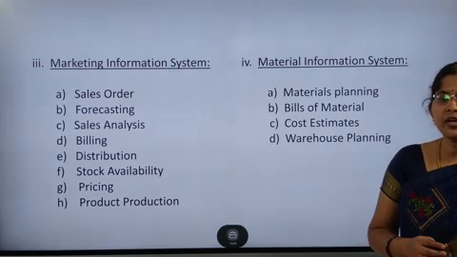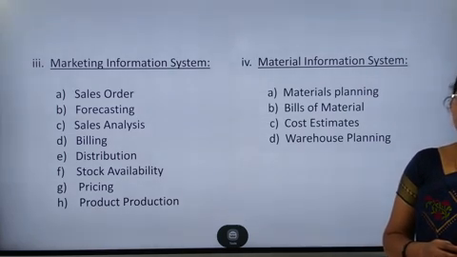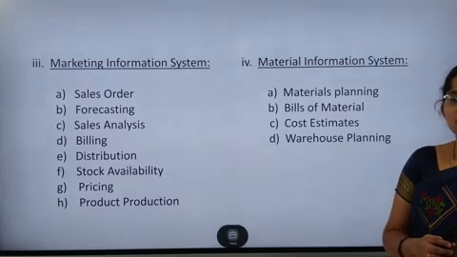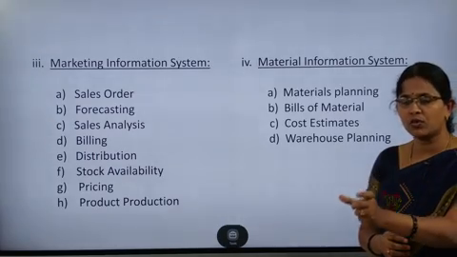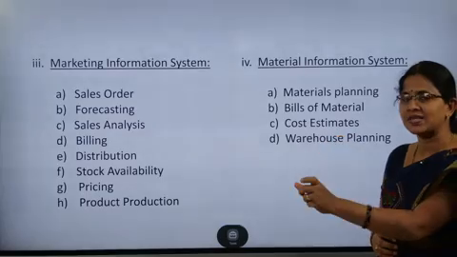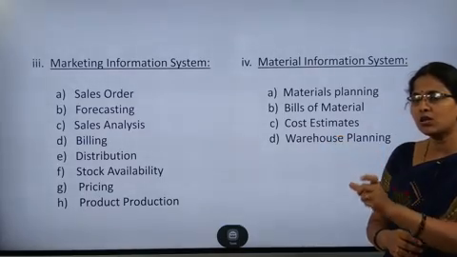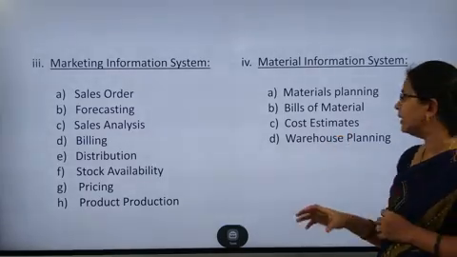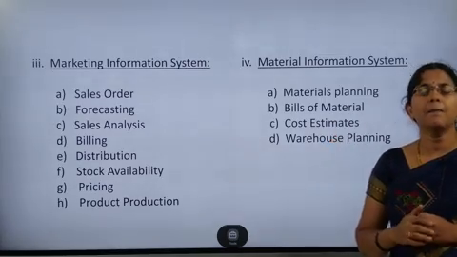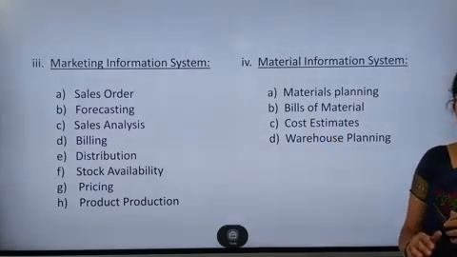When quantity differs, price will also differ and the total amount will also differ. So for each product, how much quantity I ordered and how much price it costs, all those are estimated and finally the bill is prepared by using the materials information system.